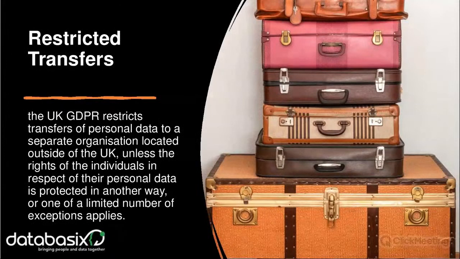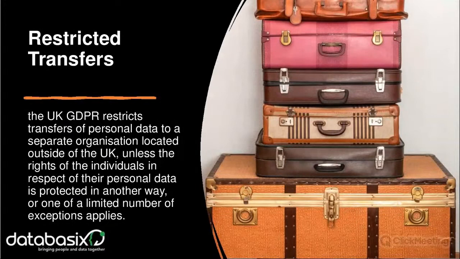I'm going to be talking about what allows us to transfer data from the UK, talking about the new International Data Transfer Agreement that the UK ICO has now had approved, as well as the addendum to the EU standard contract clauses.